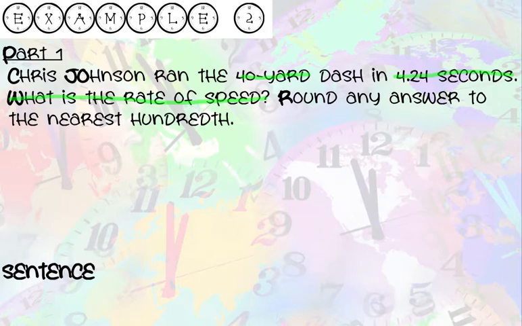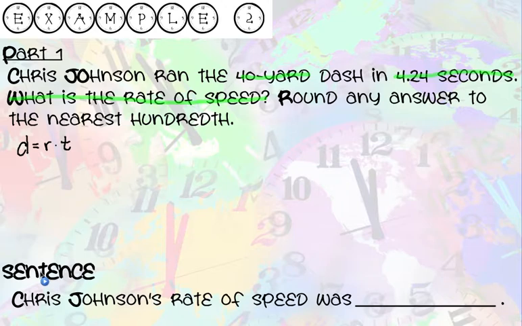Now, we said that we wanted to use a distance formula of distance equals rate times time. But now, since we have different pieces here, we might have to change that formula a little bit. Alright, let's start off by writing our sentence. Our sentence would be, Chris Johnson's rate of speed was blank.